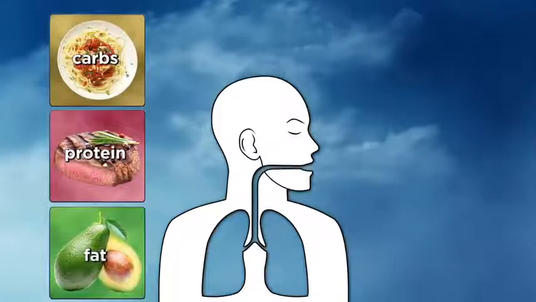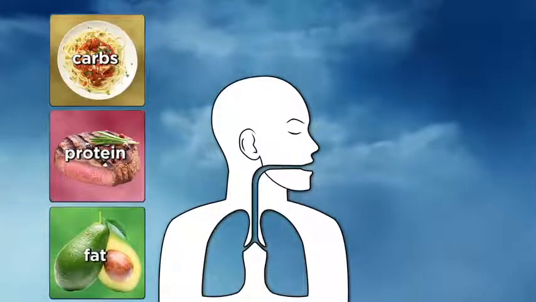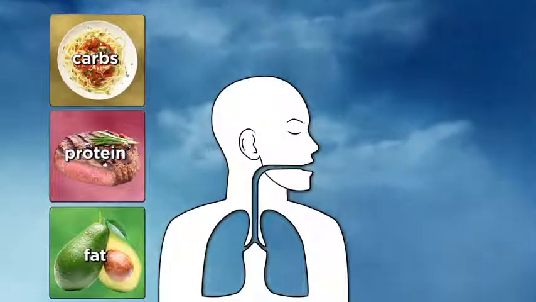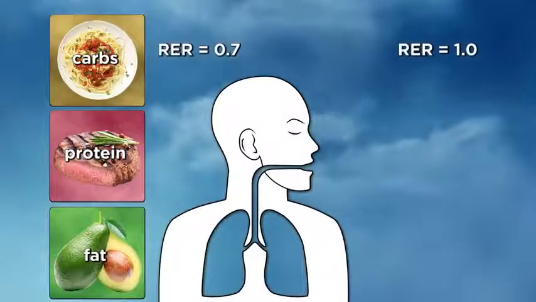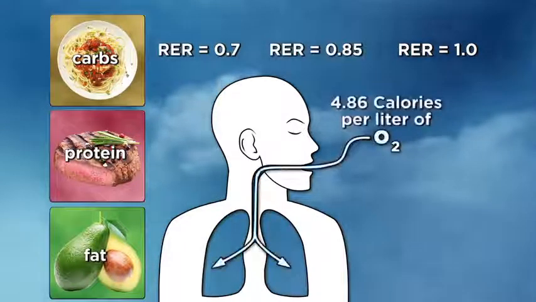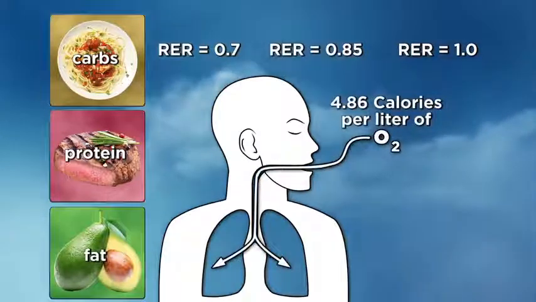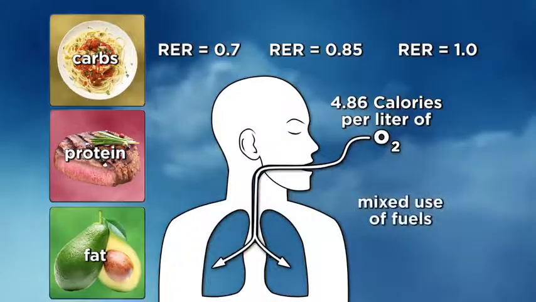And as a result, people don't usually burn just carbohydrates or just fats. So the RER for this scenario will be right in the middle of 0.7 and 1.0, with a value of about 0.85, or 4.86 calories per liter of oxygen, indicating that you have a mixed use of fuels.